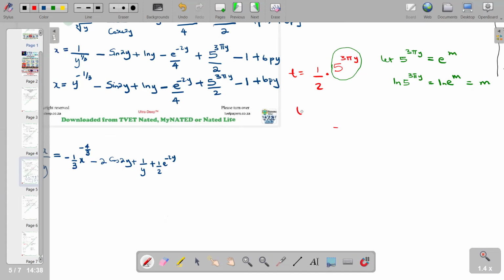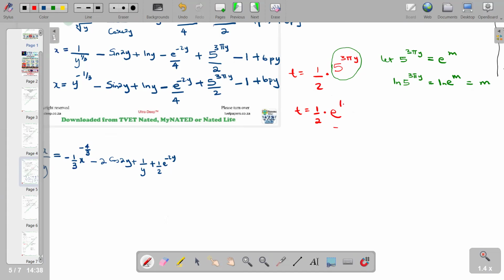So in other words, we can say this term t can be written as 1 over 2. Then where there's 5 to the power, we write it in terms of an exponent. It becomes e to the power. We said our m is equal to what?